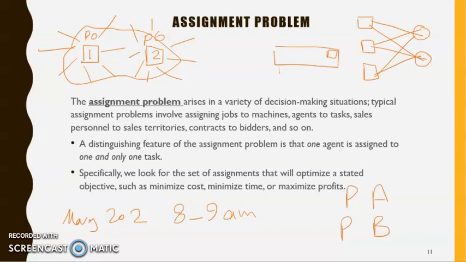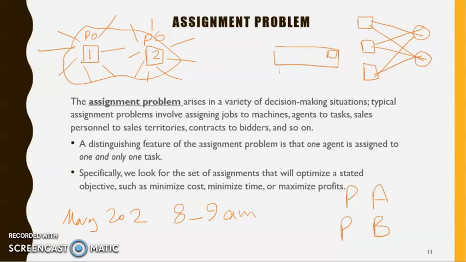And when you want to assign a professor to this class, to this time, you cannot assign 2 professors to this. It doesn't work in that way.